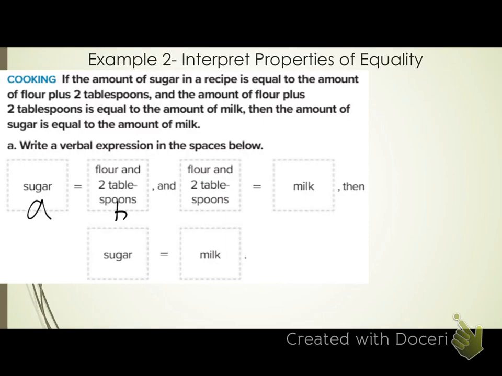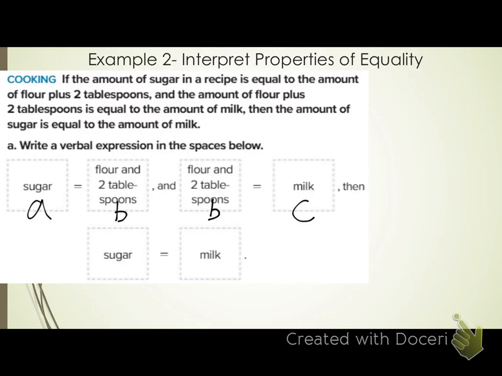B. So here we're saying A equals B, right? Okay. I've already got a variable for this. What's the variable for this? B. Do I have a variable for milk yet? What do we want to make it? C. So here I'm saying A equals B and B equals C.